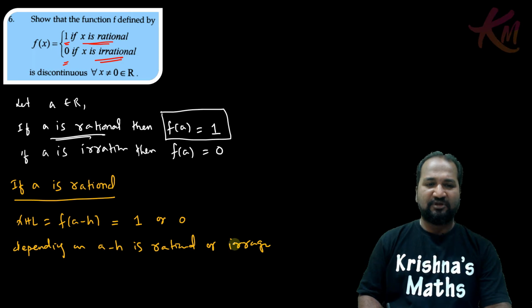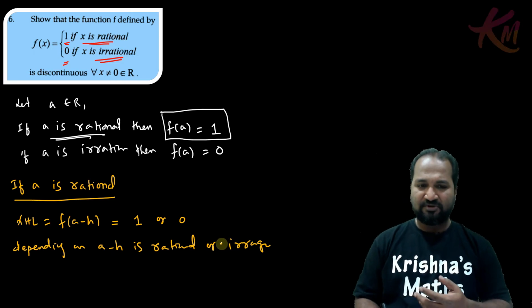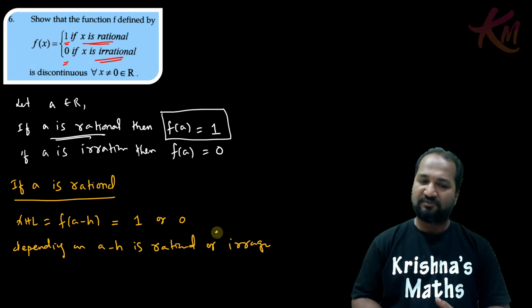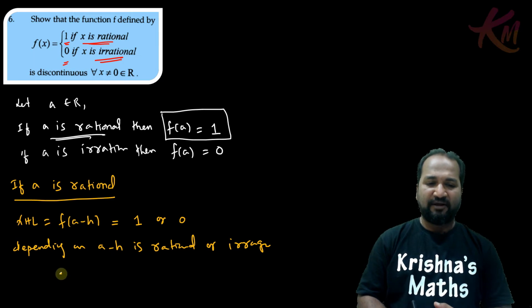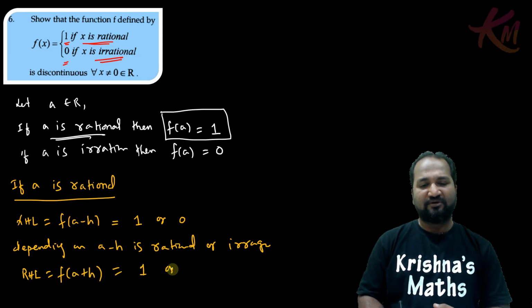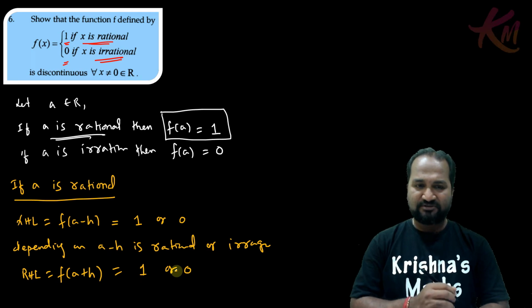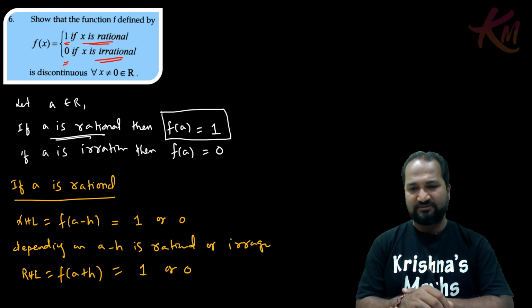And the right hand limit is f of a plus h. This is also equal to 1 or 0. We cannot say whether it is always rational or always irrational.